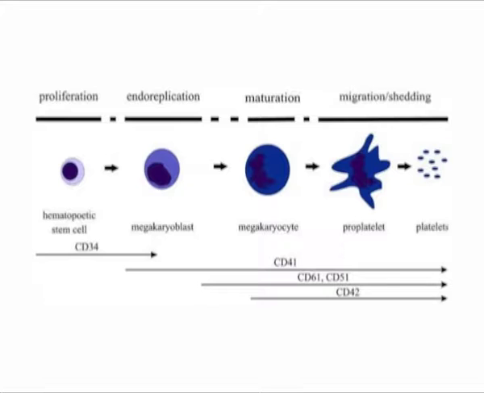This replicates its DNA, producing a large cell called a megakaryocyte, which breaks up into tiny fragments that enter the bloodstream as platelets. About 25 to 40% of the platelets are stored in the spleen and released as needed. The remainder circulate freely in the blood and live for about 10 days.